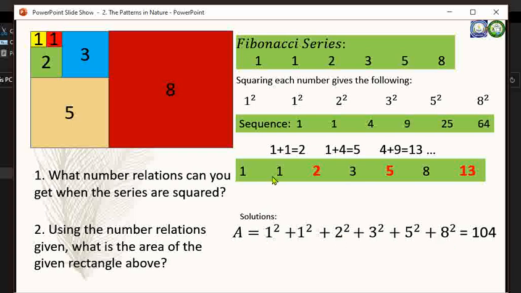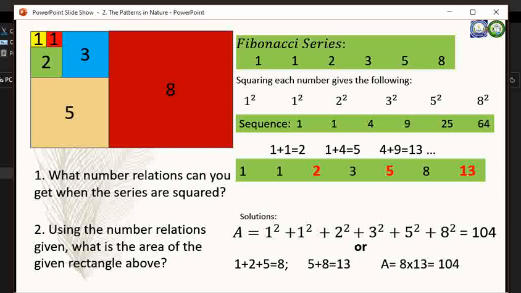But we may also use the area of the rectangle, which is length times width. In this case, the length is 5 plus 8, that's 13. And then the width is 1 plus 2 plus 5, that's 8. So these are the length and the width, and the area is the same, 104.